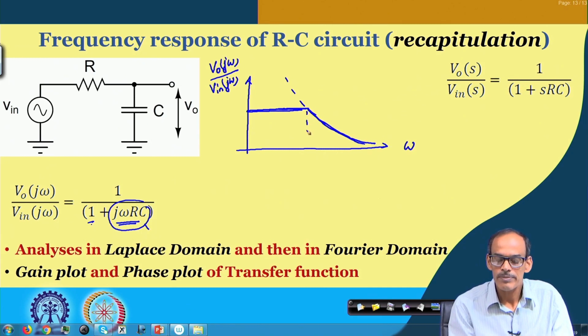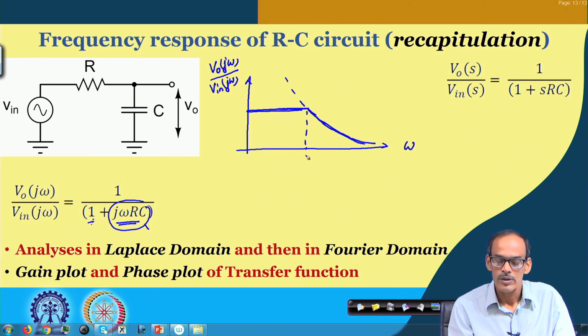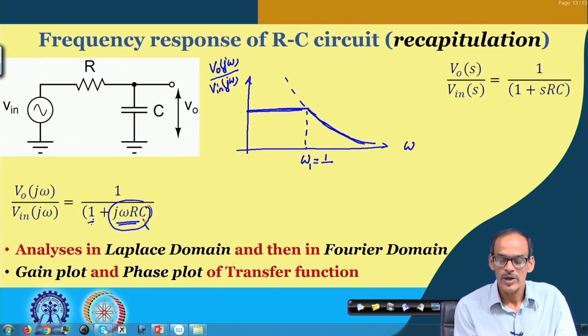The changeover happens again at the same frequency, where the magnitude of omega R C becomes equal to 1. If I call this omega 1, at omega 1 we get omega 1 R C equals 1, which means omega 1 equals 1 divided by R into C.